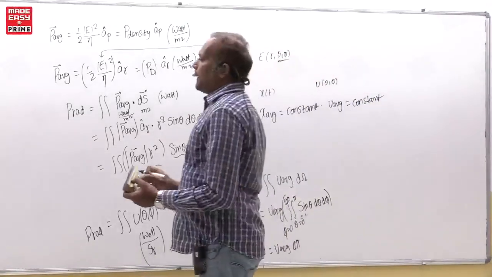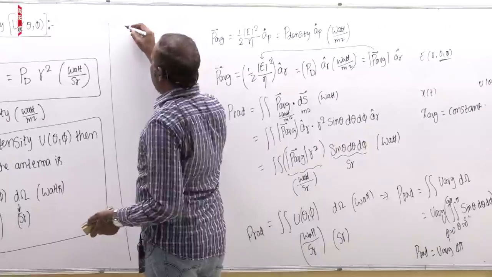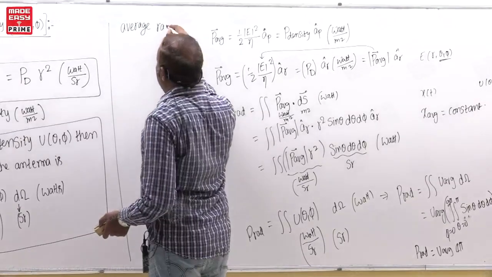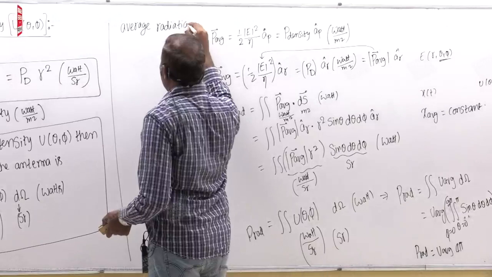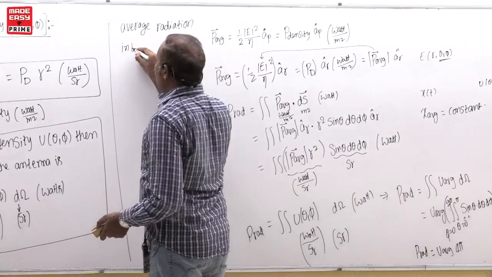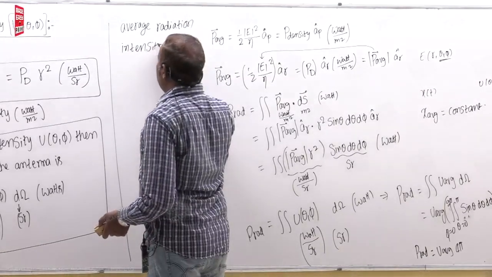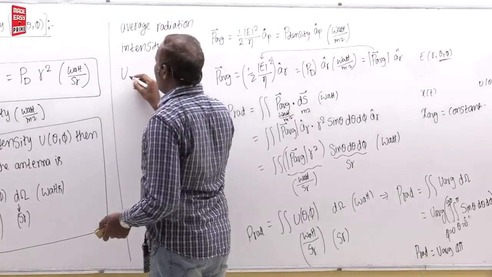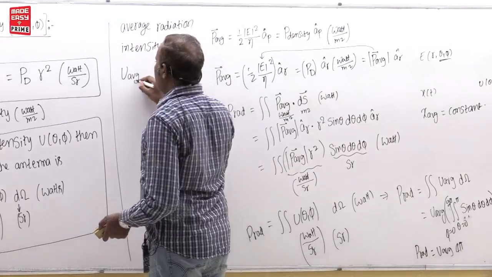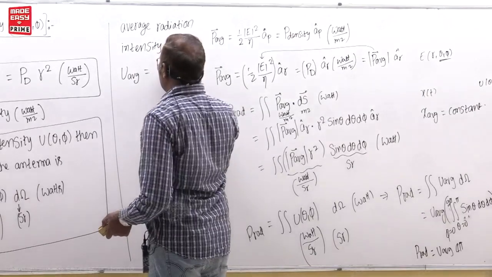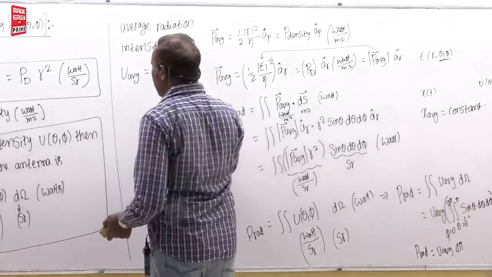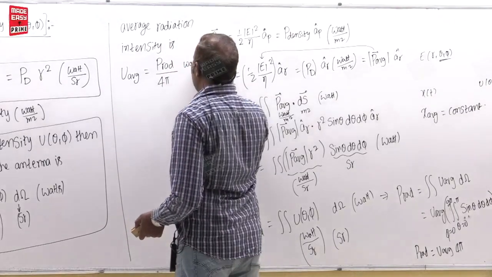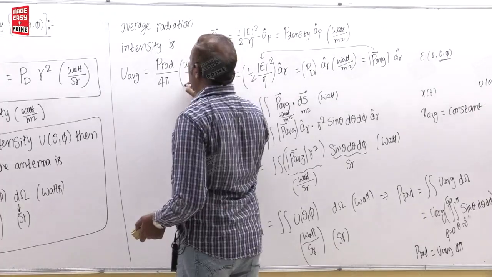So here you write the average radiation intensity: U avg is equal to the total power radiated by the antenna divided by 4 pi. This is watt per steradian.